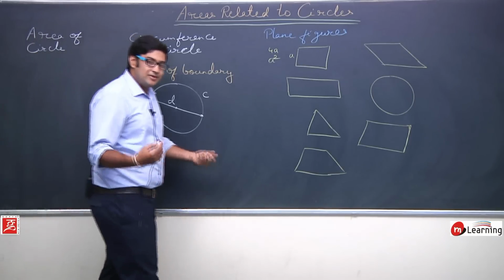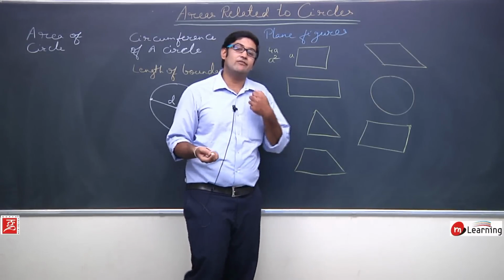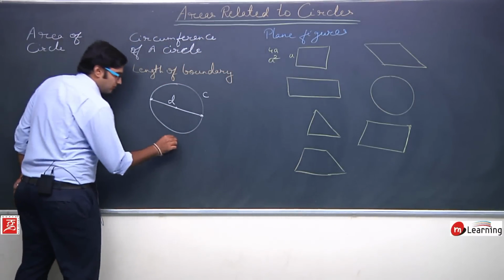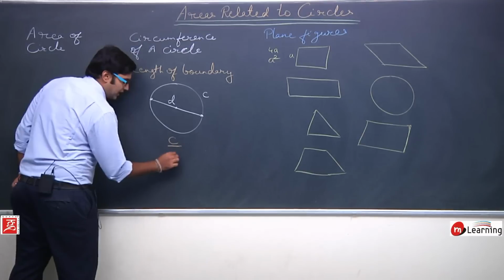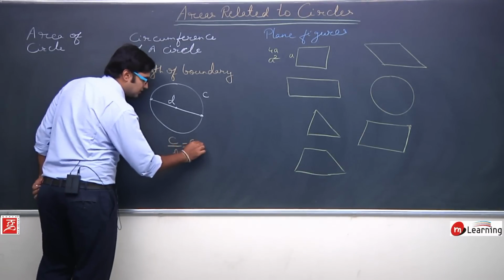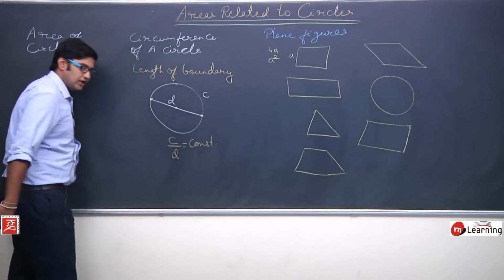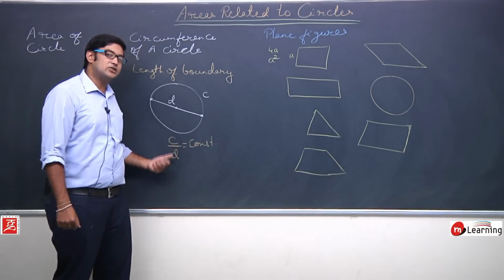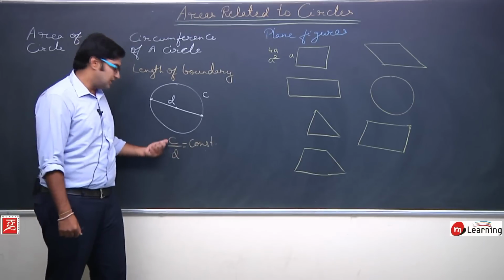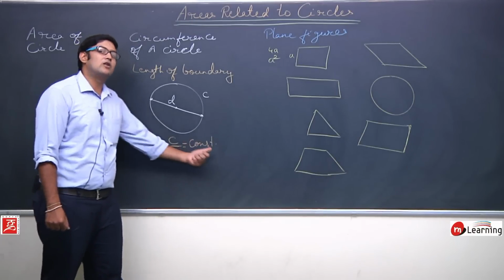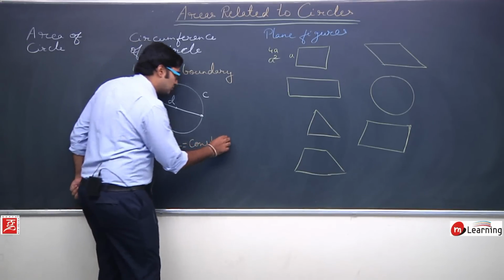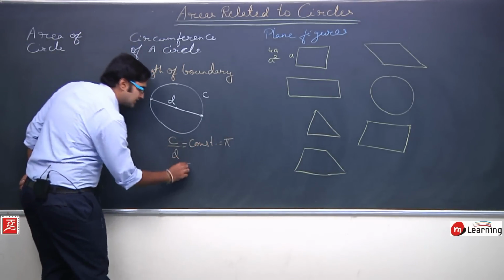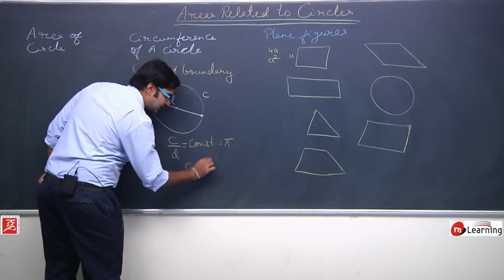So what the mathematicians have observed is that the ratio of circumference to diameter is always a constant, which is equal to pi. You know this very well. So circumference will become pi times d.